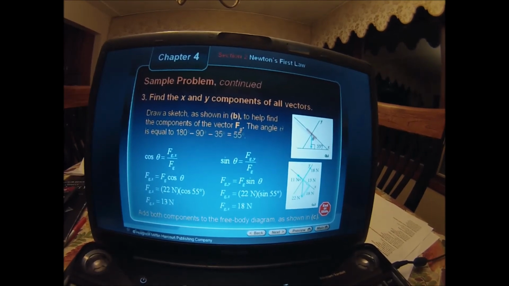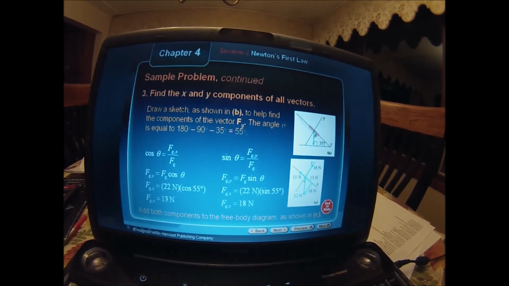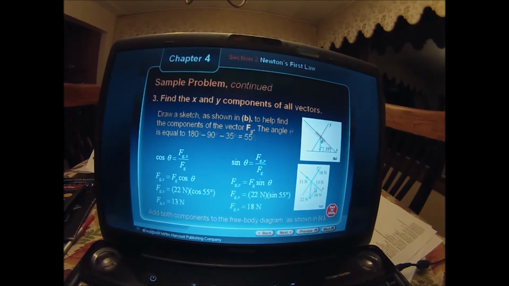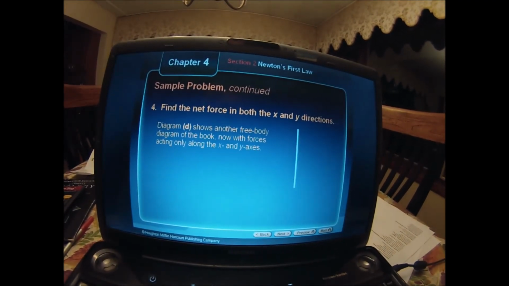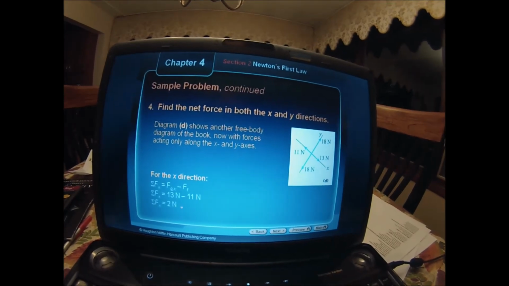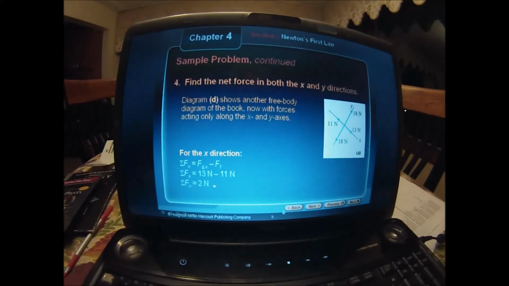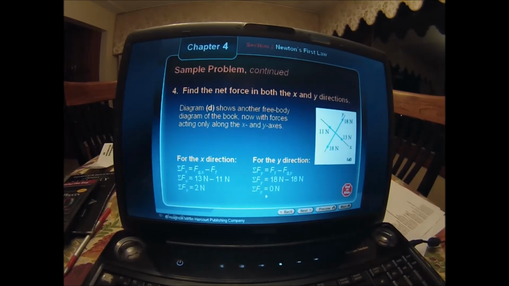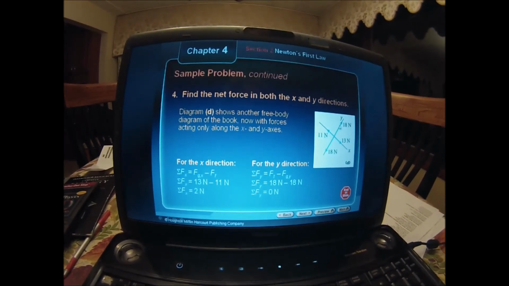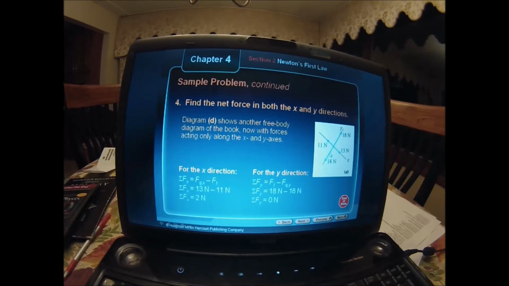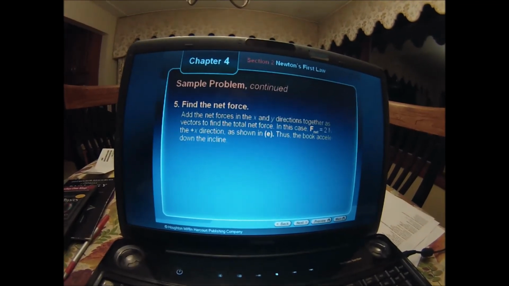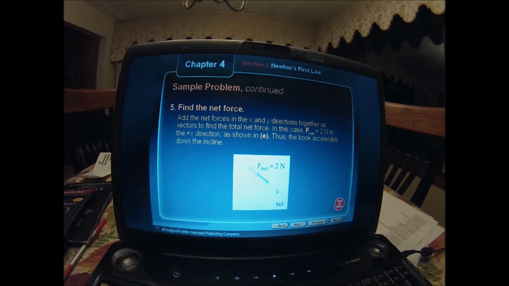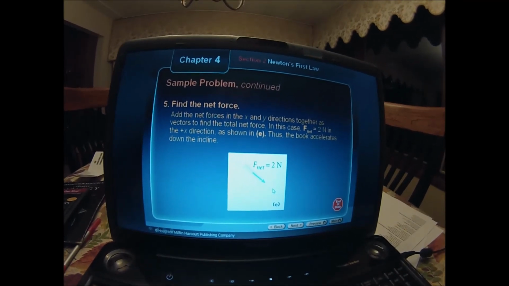We have 11 newtons to the left, 13 newtons to the right. Our resultant force is going to be 2 newtons downward. Therefore, our book, here's our 2 newtons, is actually going to slide downhill. And here's our force on the y-axis being 0. So finding the net forces shows that the book will slide down with a force of 2 newtons.